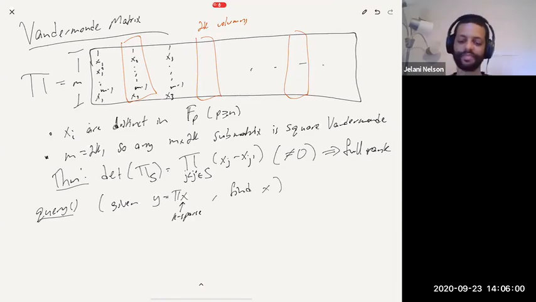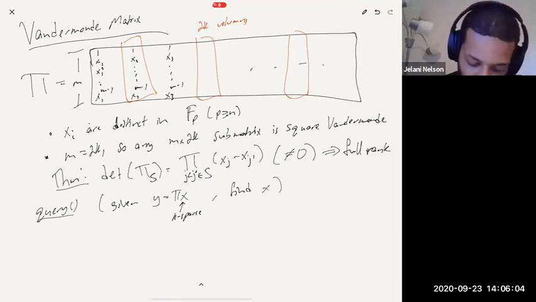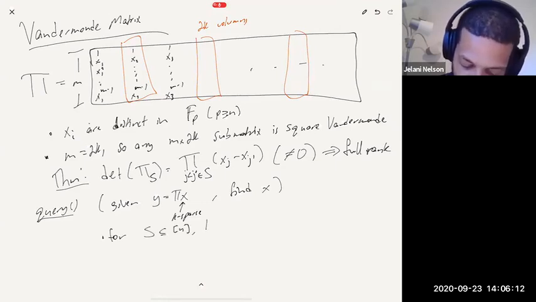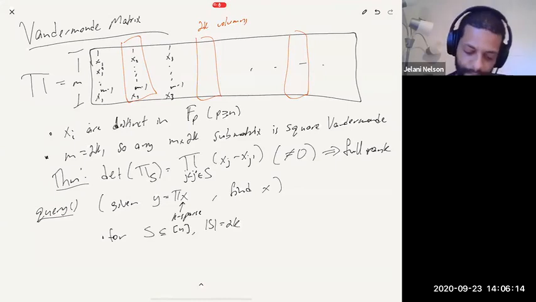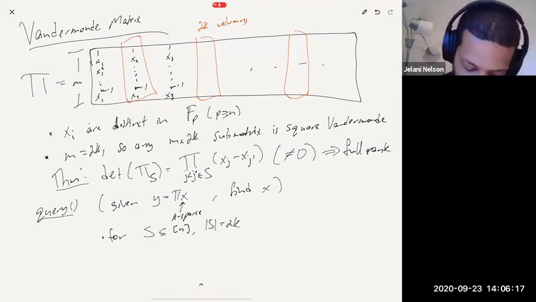How do we do it? We just do a for loop. We loop over all S, which is a subset of the columns, where S has size exactly 2k, and let x prime denote pi S inverse applied to y.